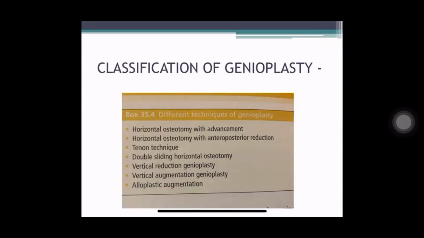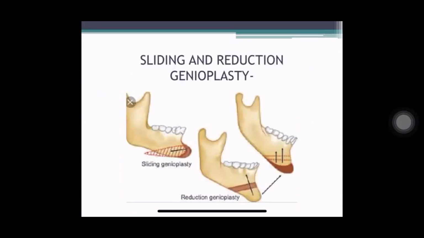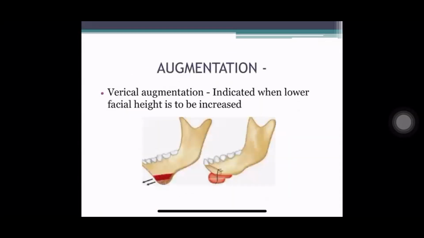Then there is the tenon technique, double sliding horizontal osteotomy, vertical reduction or vertical augmentation technique, and osteoplastic augmentation. In the sliding and reduction genioplasty, the sliding genioplasty is done to reduce the horizontal angle, and the reduction genioplasty is done in the vertical and the horizontal angle. Vertical augmentation is indicated when the lower facial height is to be increased.